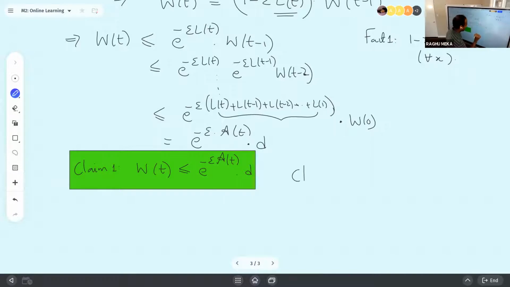So I want to say that the total weight is upper bounded by the performance of our loss function, but at the same time, we can also relate it to what each expert is doing.